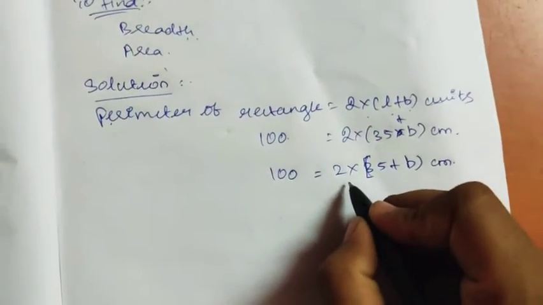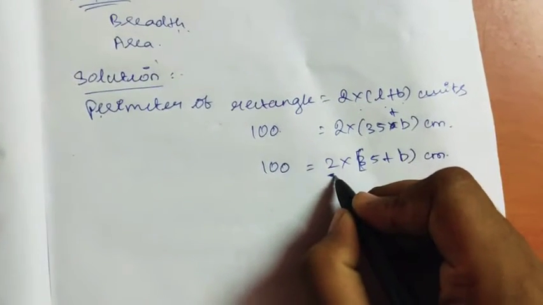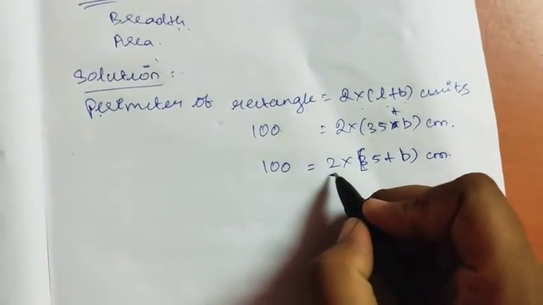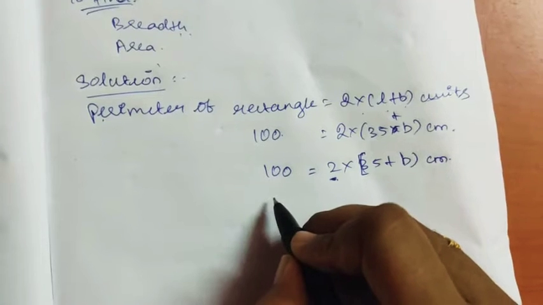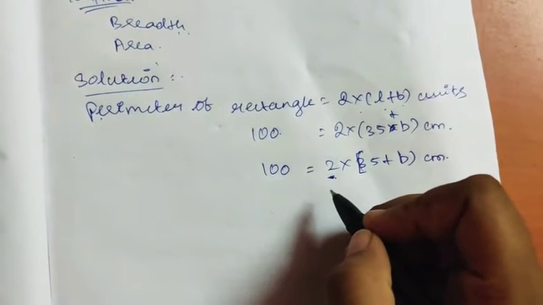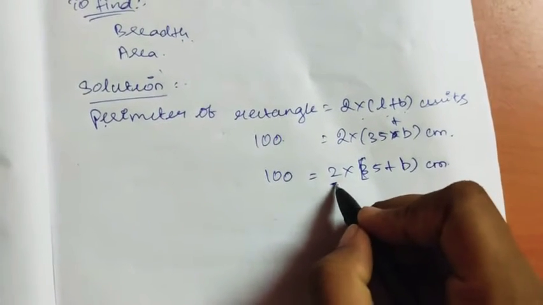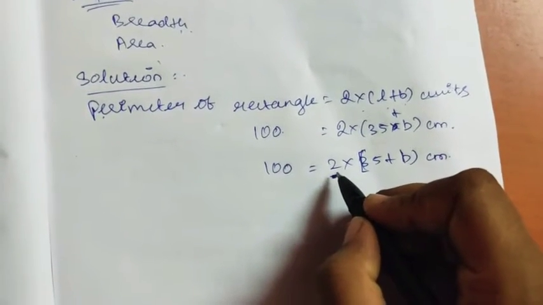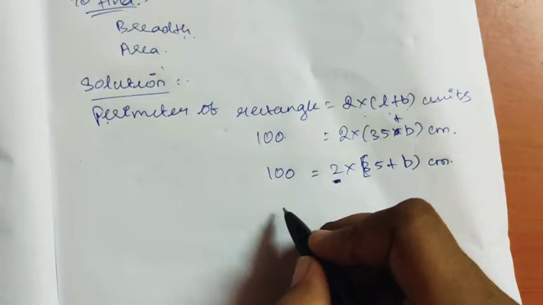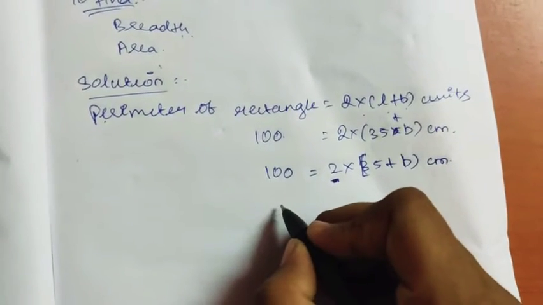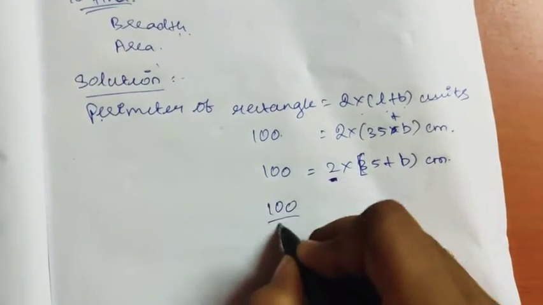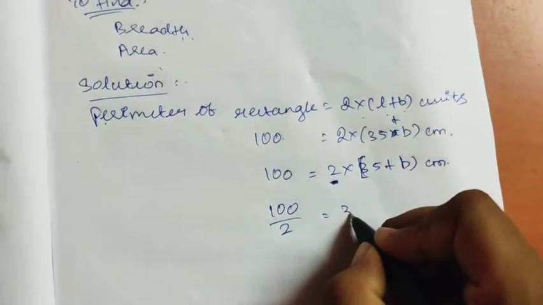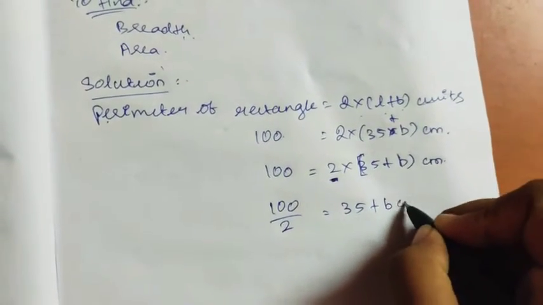Here 2 is in multiplication on this side, so when we take it to the left-hand side, it becomes division. So 100 by 2 equals 35 plus B centimeter.